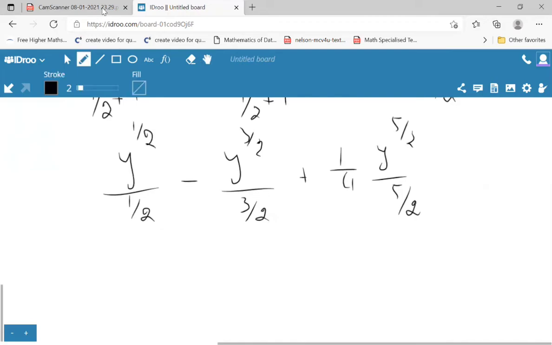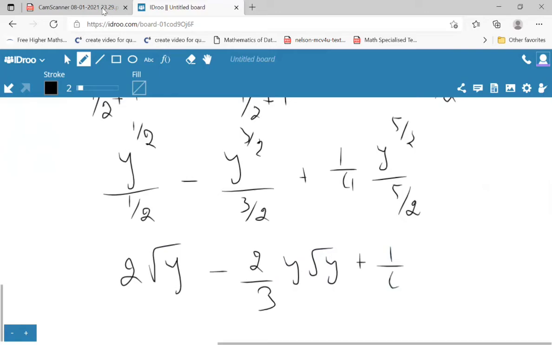So that now becomes 2 root y, and now this becomes minus 2 by 3 into y root y. And now this becomes 1 by 4 into 2 by 5 into y to the power of 5 by 2.